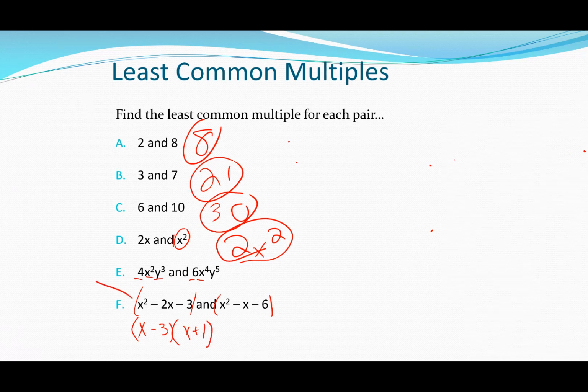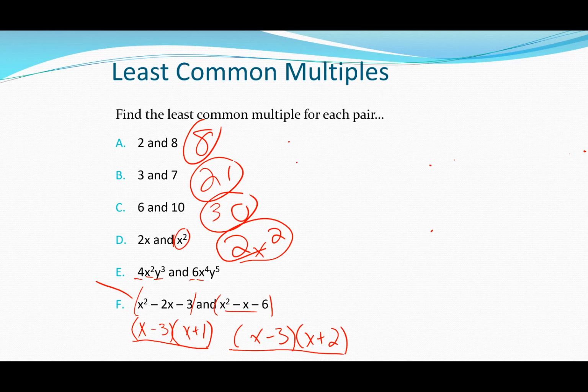If you want to factor that, you can use your product and sum method, but I've gone over that so much recently in previous videos that hopefully you're able to factor that by now, and I don't have to explain that. The factors for the second one would be x minus 3 and x plus 2. So this has those factors. This one has those factors.